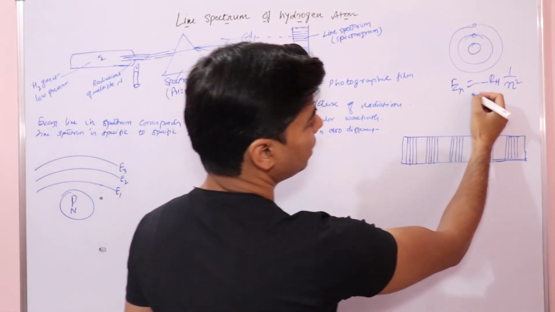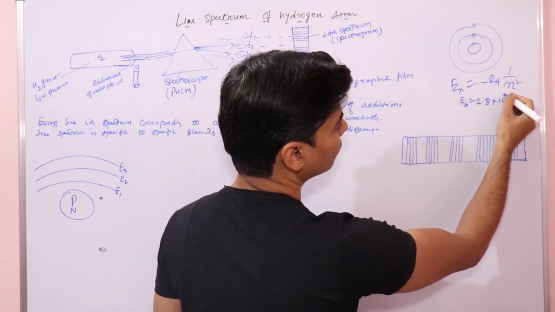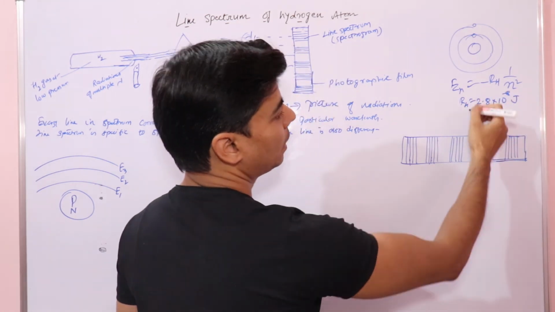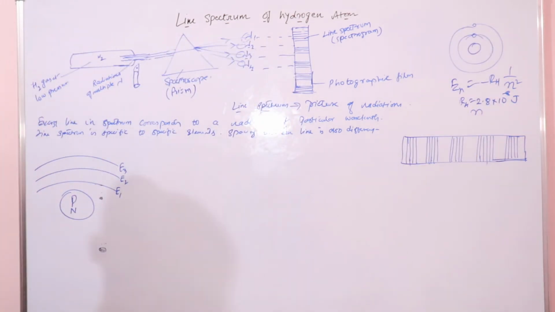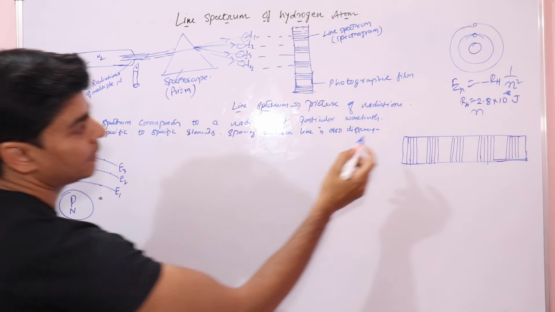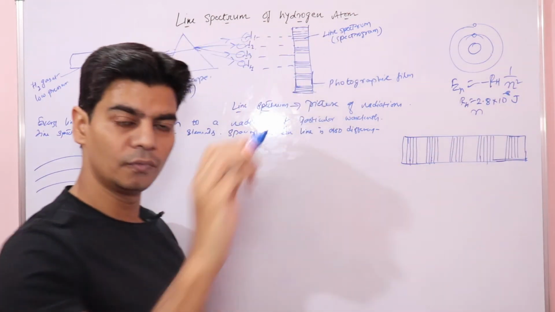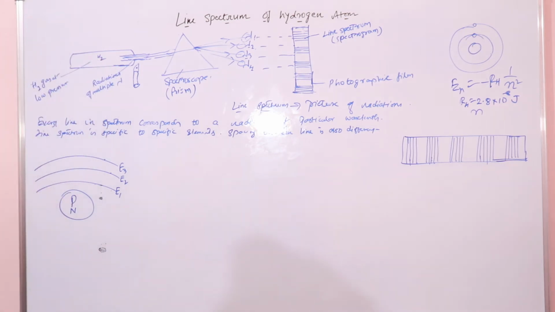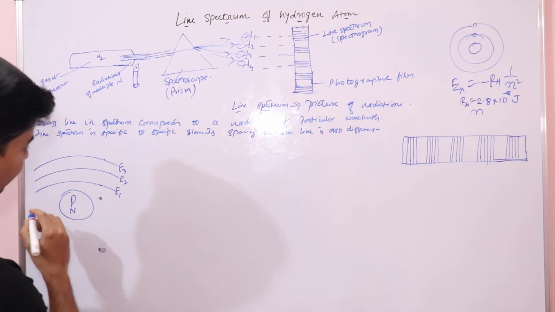RH is your Rydberg's constant, whose value is 2.18 into 10 to the power of minus 18 joules, and n is the orbit, 1, 2, 3, whatever. So this is the energy of an electron moving in a stationary orbit, or an orbit of fixed energy.